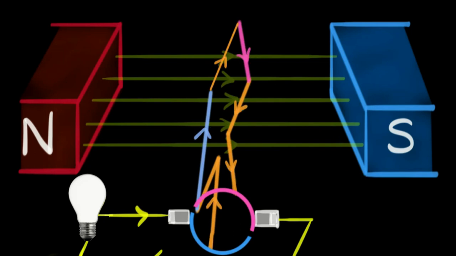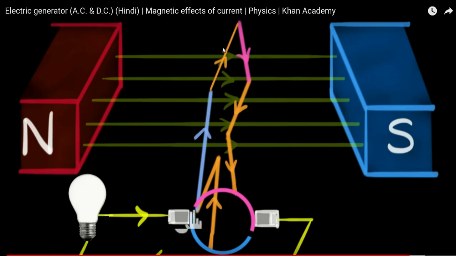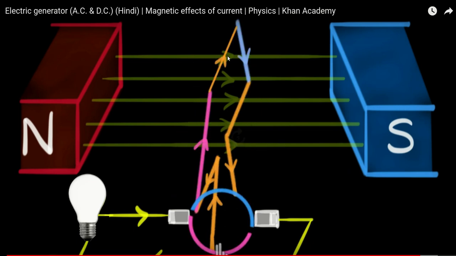As you can see, when the direction of the current changes in the pink line, the pink half of the ring comes in contact with this brush. So this brush is always in contact with the line through which the current is coming out of the screen. It is always in that particular line only, which is how we will generate current in one direction.